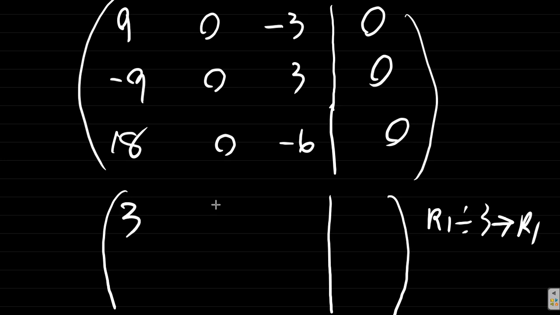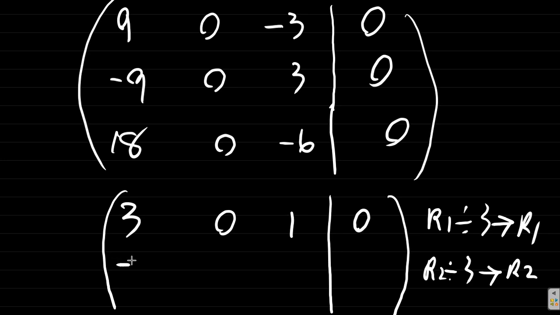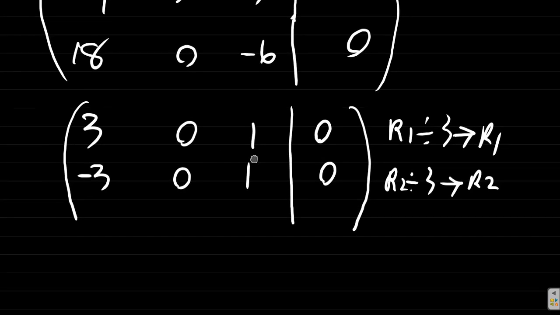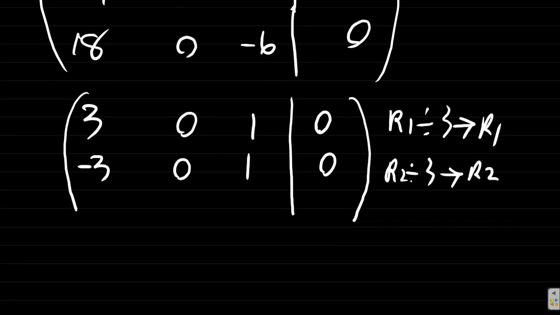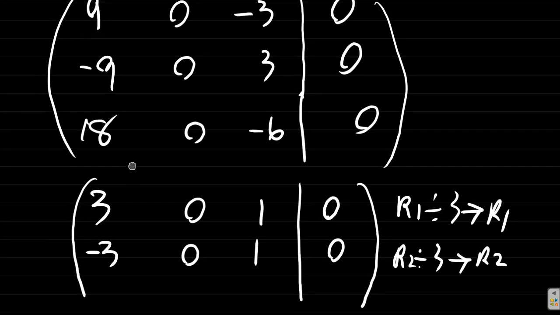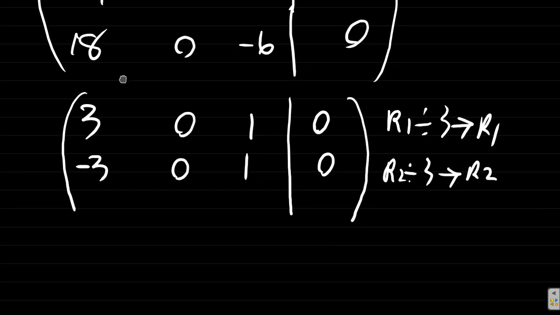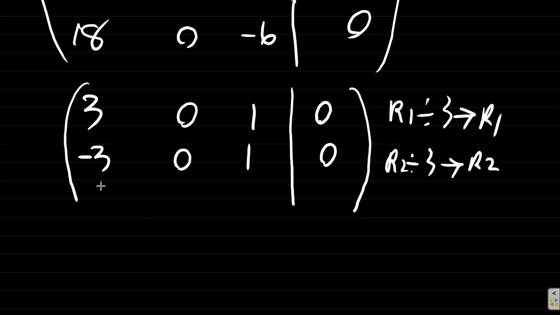So 9 over 3 is 3, 0 over 3 is 0, negative 3 over 3 is negative 1, 0 over 3 is 0. Let's divide row 2 by 3 to give us our new row 2. So this will be negative 3, 0, 1, 0. And then this one, let's just divide by 6.